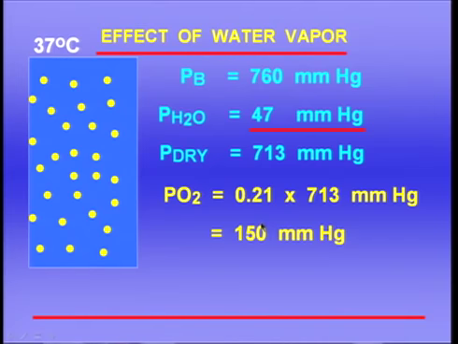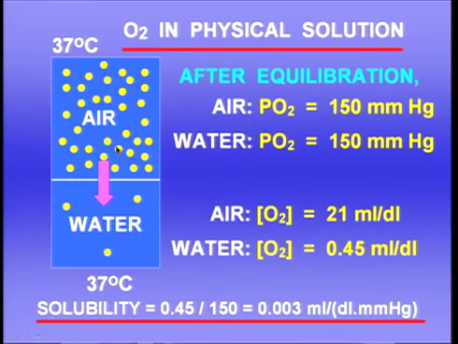Now let's look a little bit further at the effects of dissolving the gases in liquids. On the left here we have a cartoon showing moist inspired air at 37 degrees C that has a PO2, as we've seen, of 150 millimeters of mercury. And we allow that air to become equilibrated with water below it.